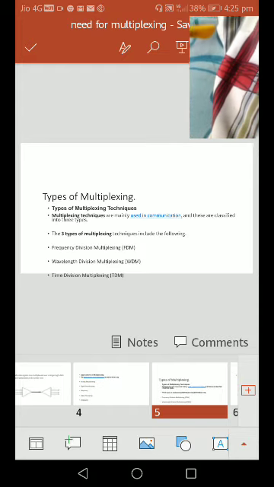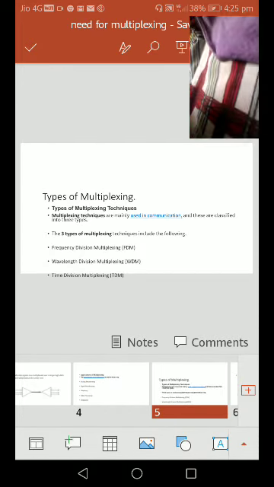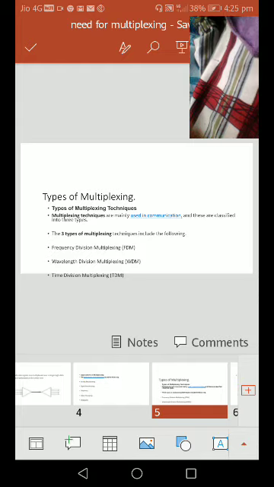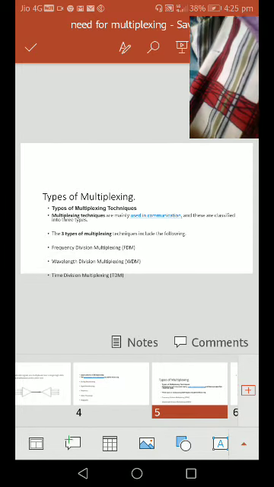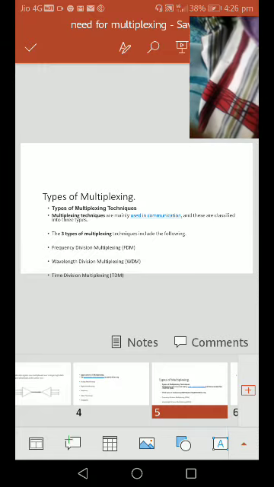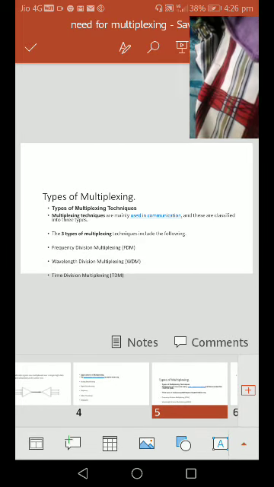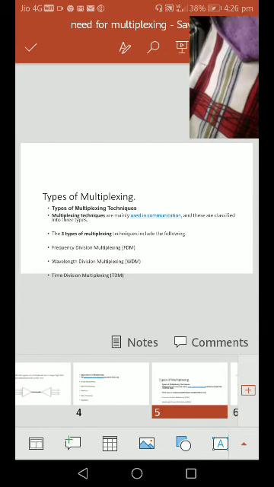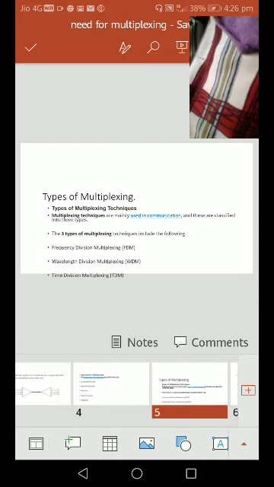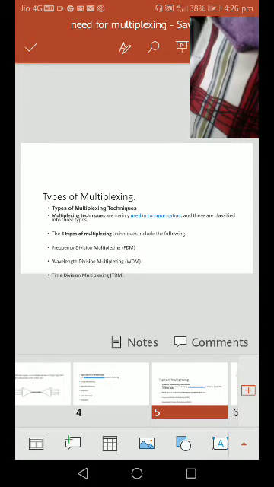Next we go to the types of multiplexing. In this chapter we have the various multiplexers and their types. In our syllabus, the multiplexing techniques are mainly used in communication.